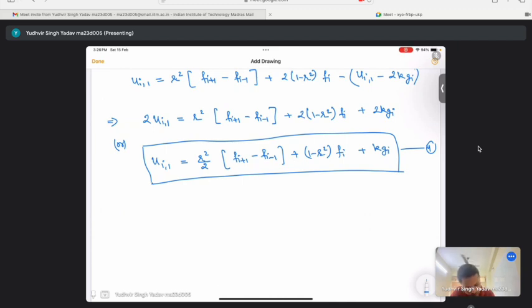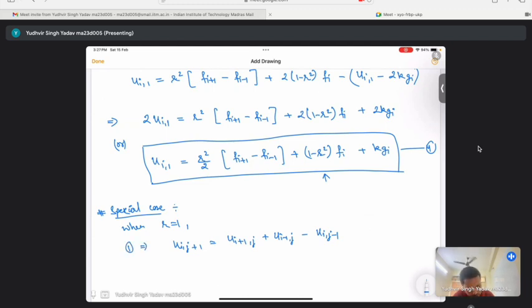Also, we can have some special cases from this equation number 4. Say when r equals 1, then this term will vanish, and we will only be left with u i,j plus 1 equals u i plus 1,j plus u i minus 1,j minus u i,j minus 1.